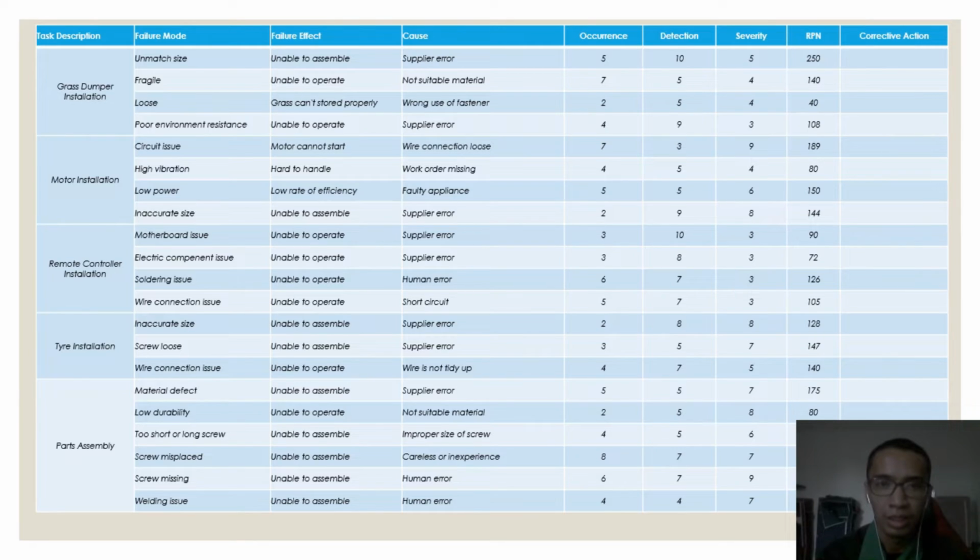Lastly, the task description is the part assembly. The failure modes of the task are 4, which are battery defect, low durability, too short or no screw, screw misplaced, screw missing, and welding issue.